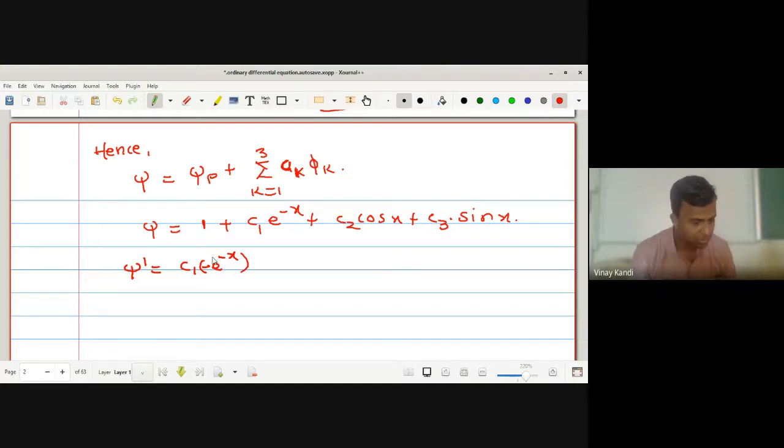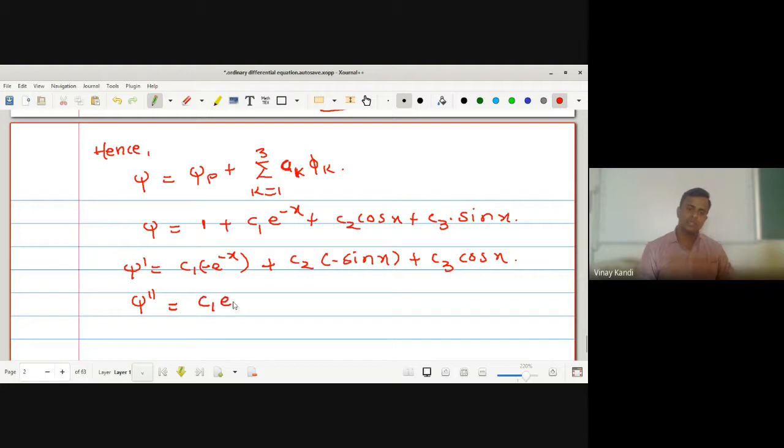Wait a minute. Correct. Plus c2 cos x derivative minus sin x, plus c3 sin x derivative cos x. psi double dash is equal to c1 e raised to minus x minus c2 cos x plus c3 cos x derivative minus sin x.